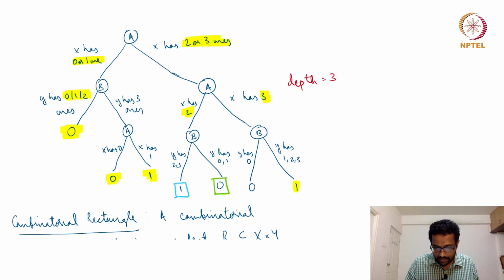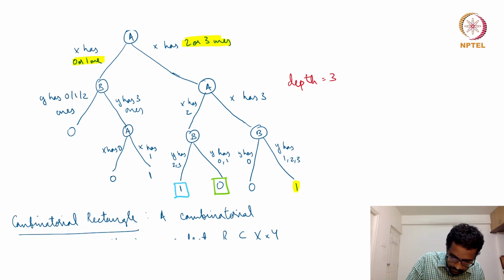So let us try to understand what is happening. Maybe I'll just remove the highlights because that could be misleading to what I'm saying. Okay, so now consider this one that is outlined here with blue, right?